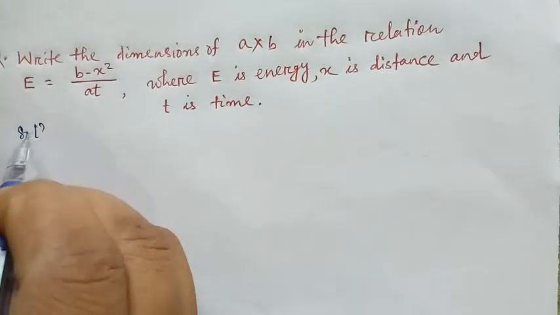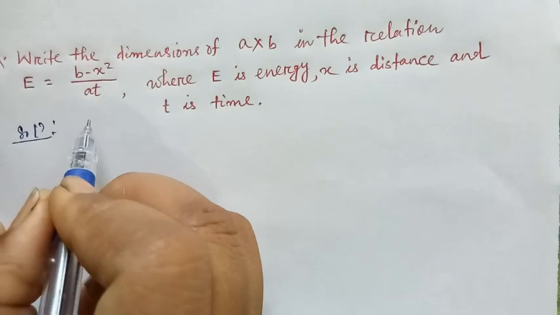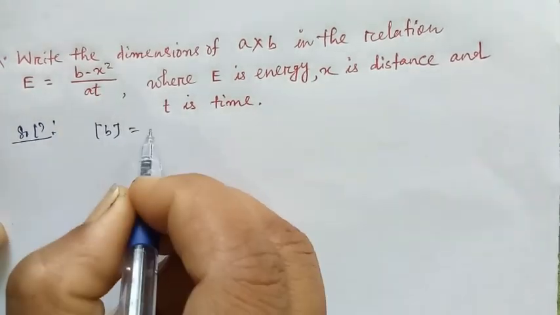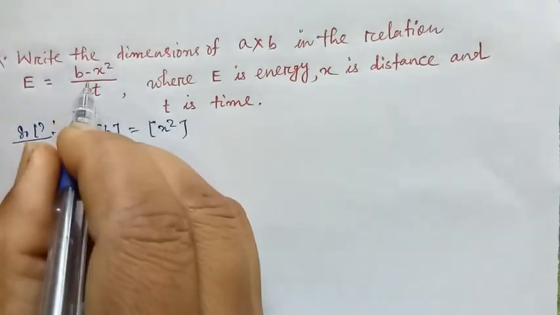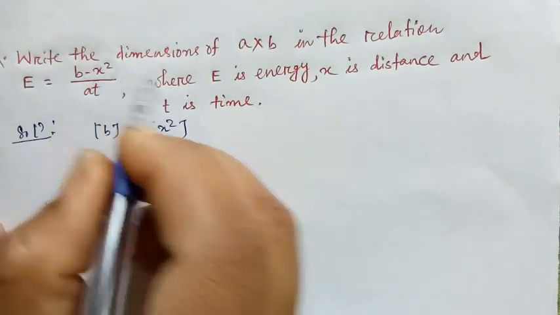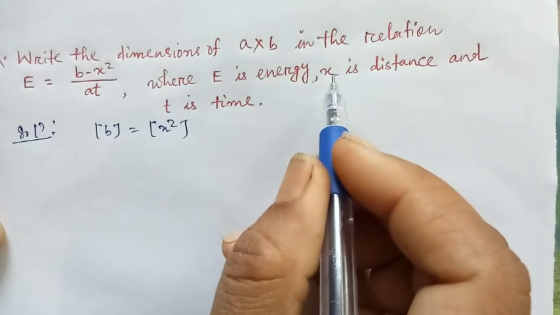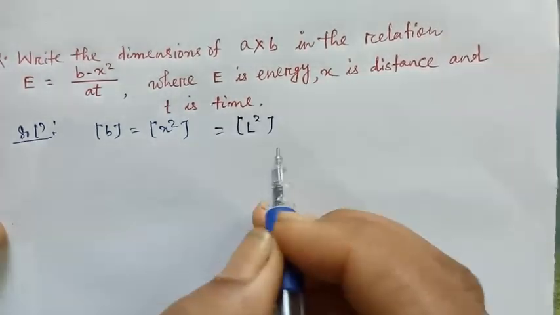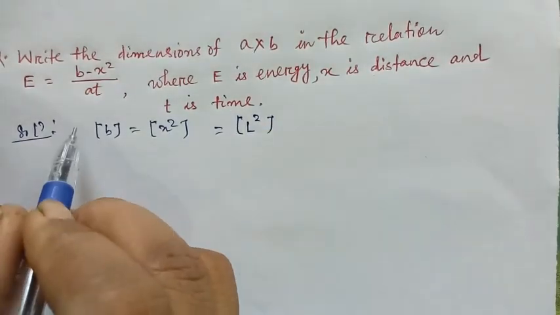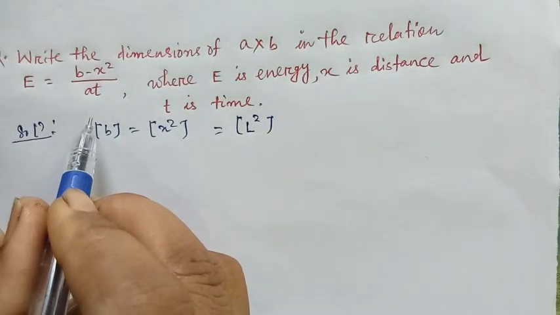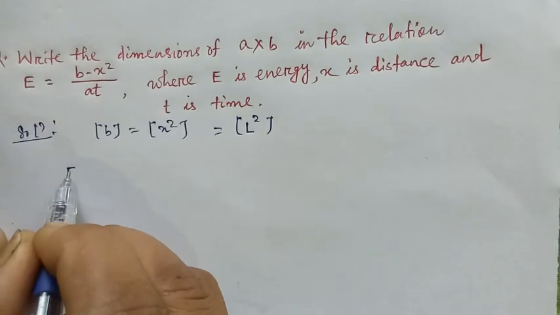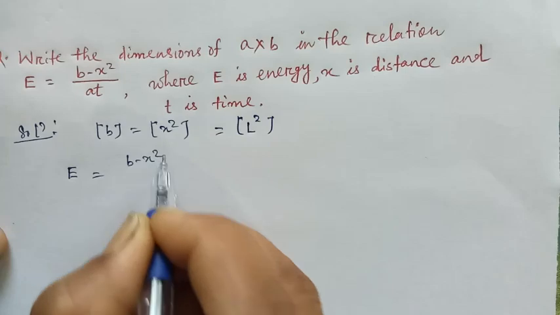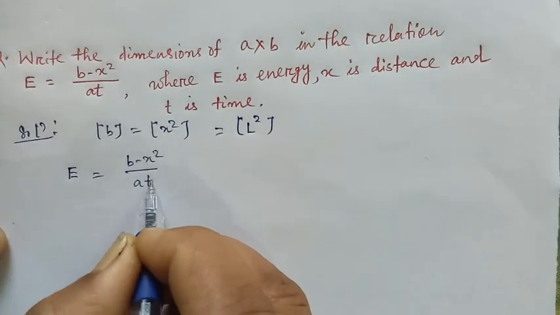Physical quantities having the same dimension can be added or subtracted. So the dimension of B is equal to the dimension of x², because it is B minus x², so the dimensions of B and x² will be the same. x is distance, so the dimension of B will be L². Now the dimension of A: the equation is E = (B - x²)/(AT).